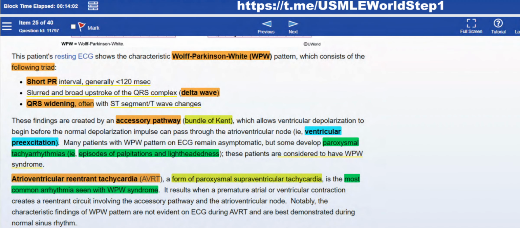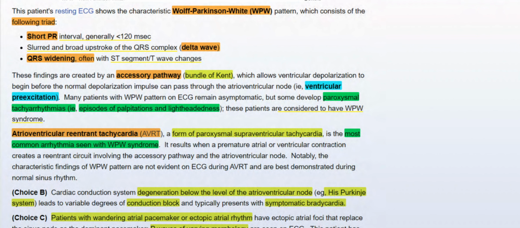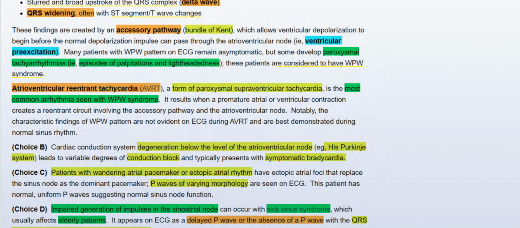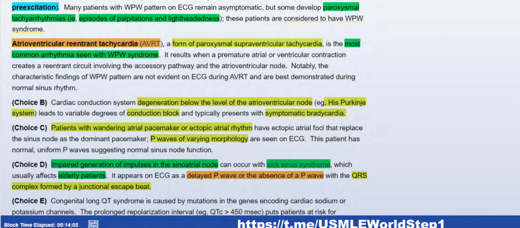Then we have an accessory pathway through the bundle of Kent. There would be ventricular pre-excitation that would lead to paroxysmal tachyarrhythmias, episodes of palpitations and lightheadedness, which lead us to consider Wolff-Parkinson-White syndrome.